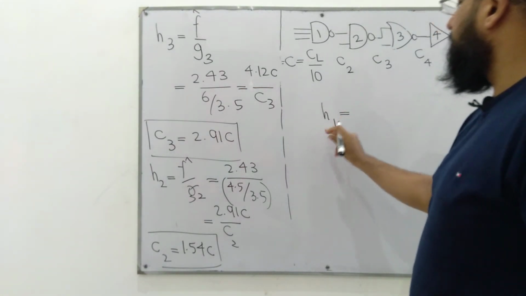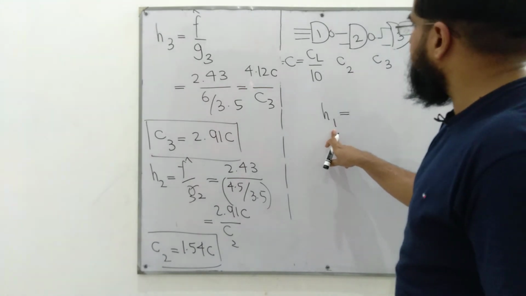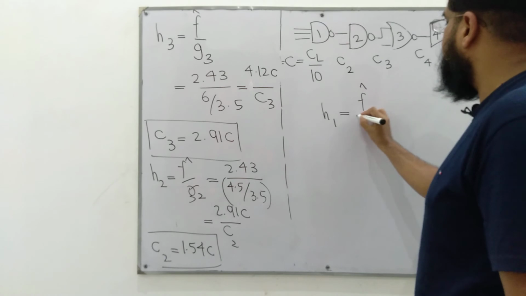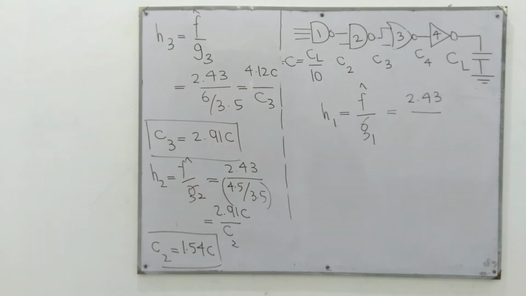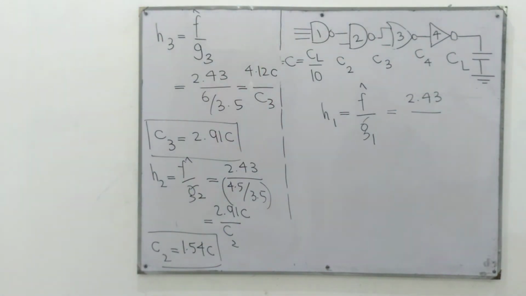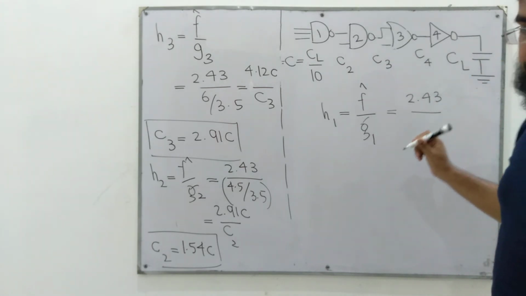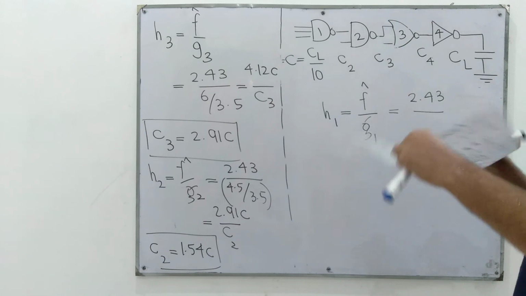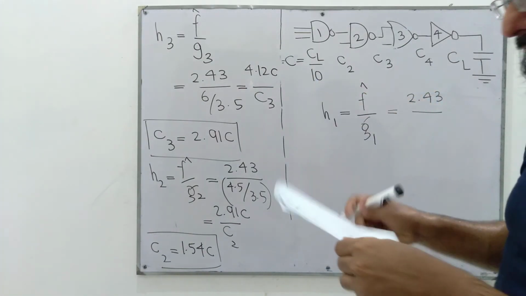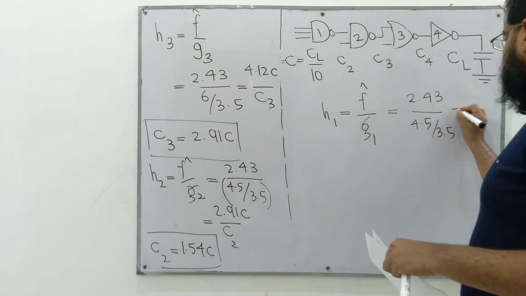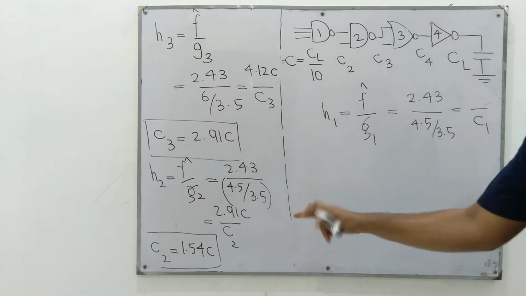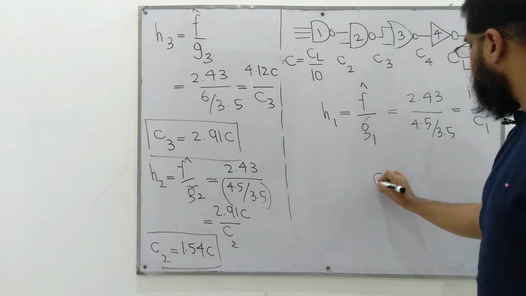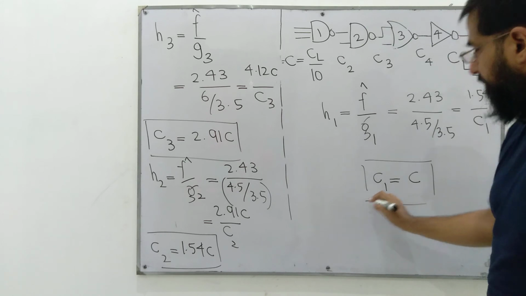The electrical effort for the first gate is H1, which is equal to F over its G. F is the average divided by the G. G for this gate, we wrote in that long expression 4.5 over 3.5, which is equal to the output C2 over C1, and we know that C2 is 1.54 C. So C1 comes out to be C. You can verify C1 comes out to be C.